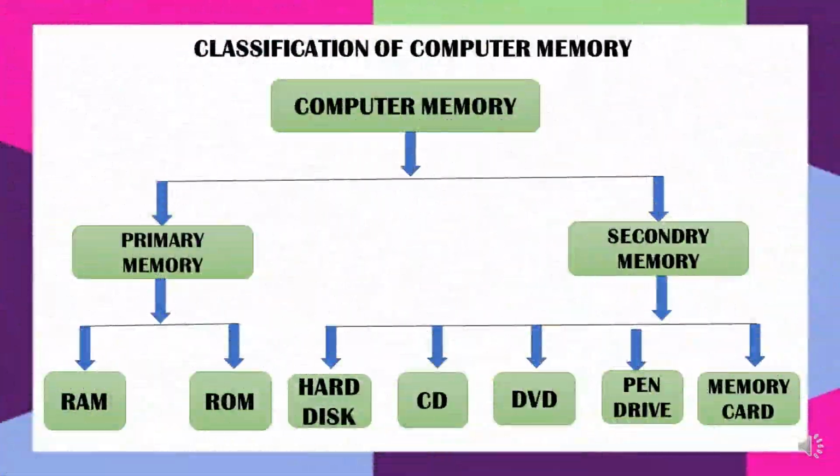So, the computer memory is classified into two types and it is further classified into many things. There are two types of primary memory. First is RAM, second is ROM. Both these are present inside the computer on the motherboard. They are not external memory. These memories work from inside the computer.